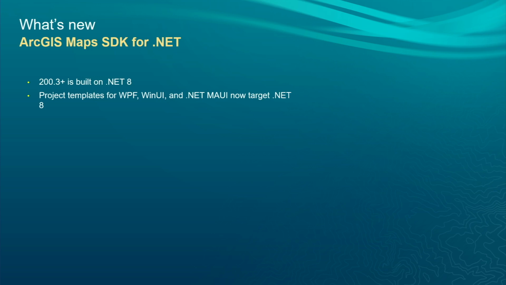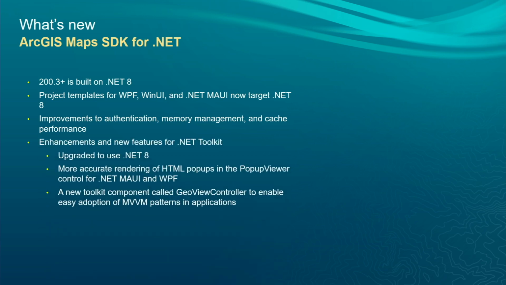Our templates, as mentioned, are also .NET 8. We made a lot of improvements to authentication workflows, memory management, and cache performance. A lot of new features got added to our toolkit offering, which has also been upgraded to use .NET 8, with a high rendering pop-up viewer and great support for .NET MAUI and WPF.